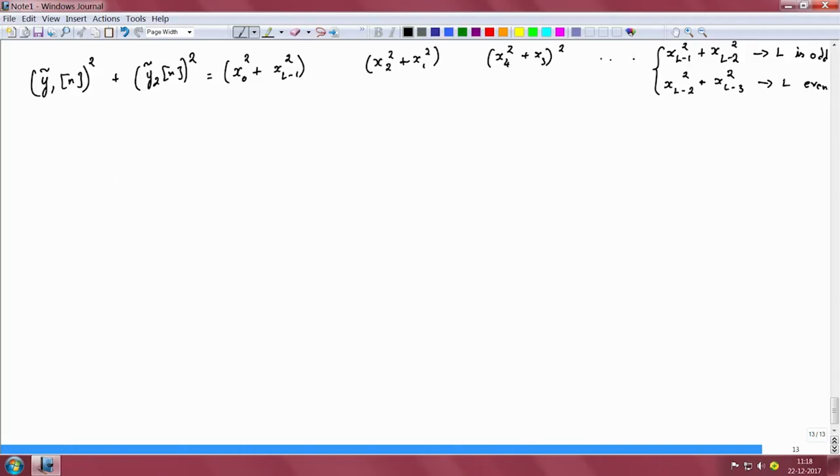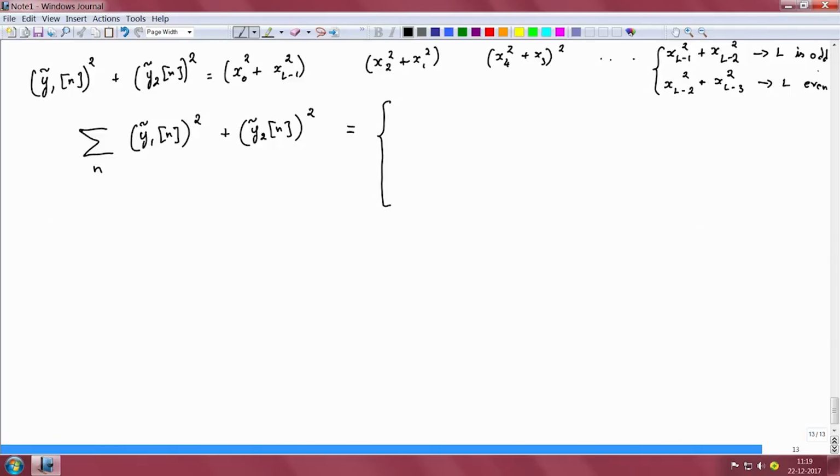Now, we have these terms. To get the energy at the output of the first stage, we just need to add all these terms. Again, depending on whether L is odd or even, we will have two cases.